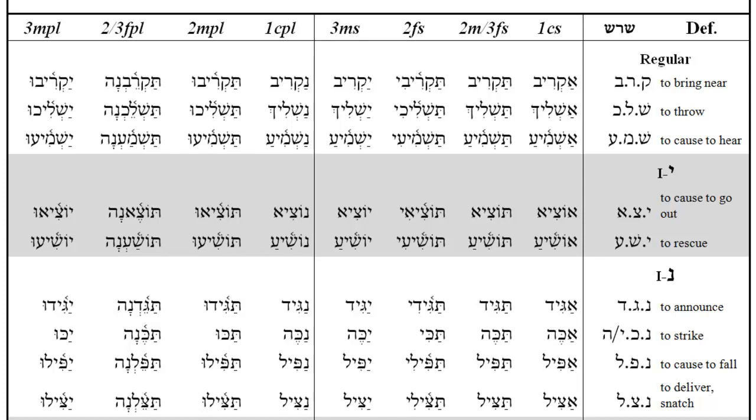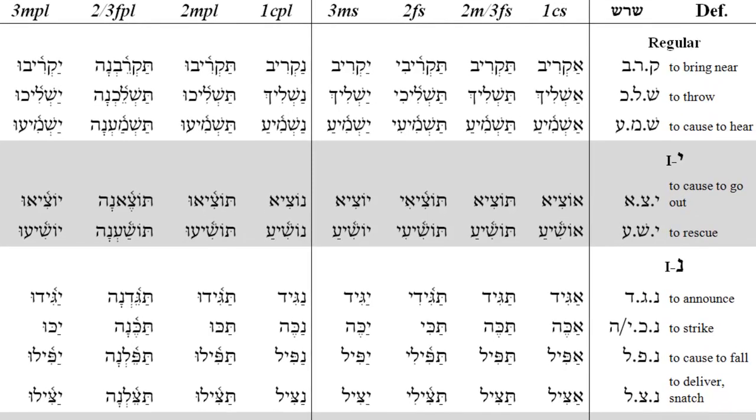Notice that the first nun was assimilated, leaving behind a dagesh in the second radical letter. So with the verb agid, a dagesh in the gimel. The case of akeh does not display the hirik yod vowel. This is due to the fact that akeh is not only first nun, but also third yod-he.